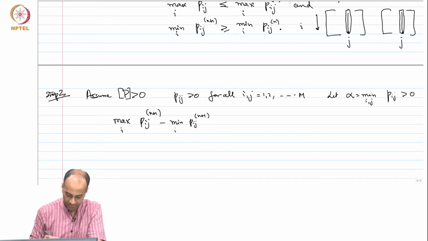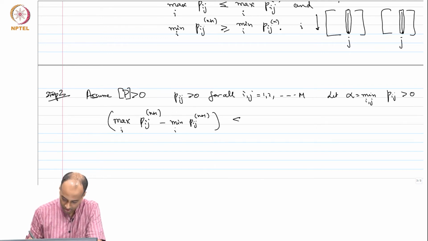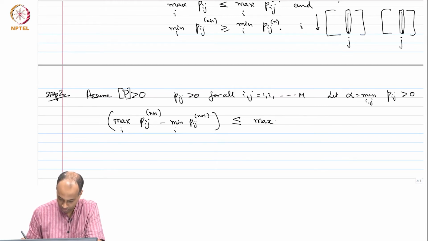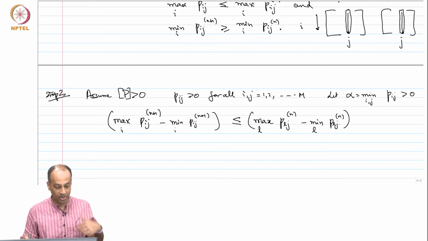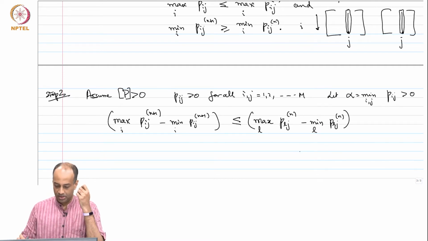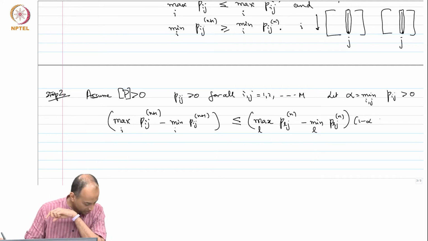So what we are going to say is that if you look at this difference, max minus min, it is less than or equal to (1 minus 2 alpha) times the max minus min at step n. So if n becomes one bigger, the difference between the max and the min reduces geometrically fast.